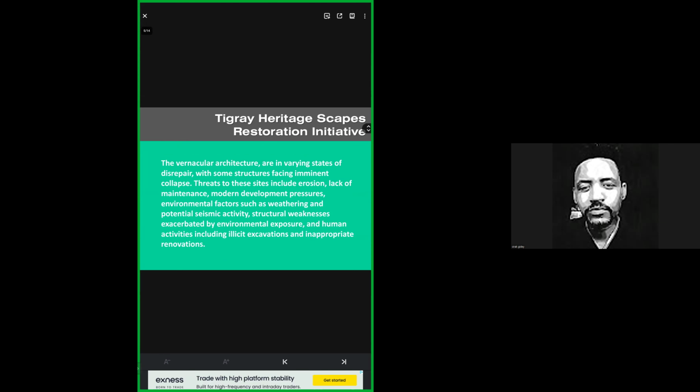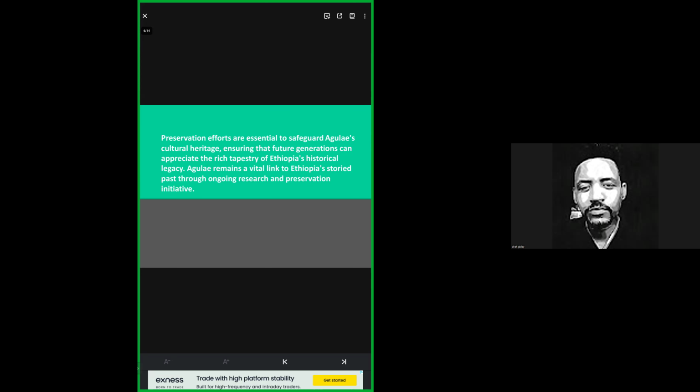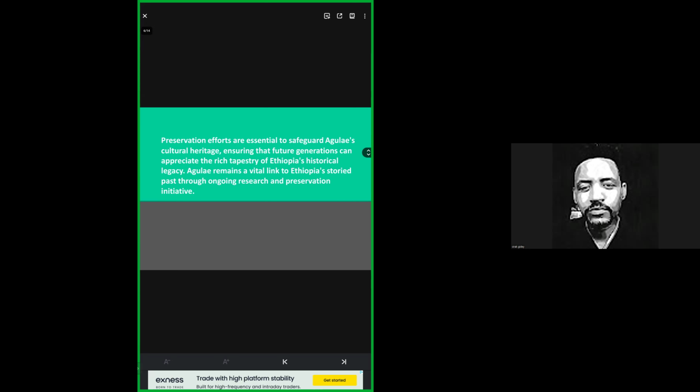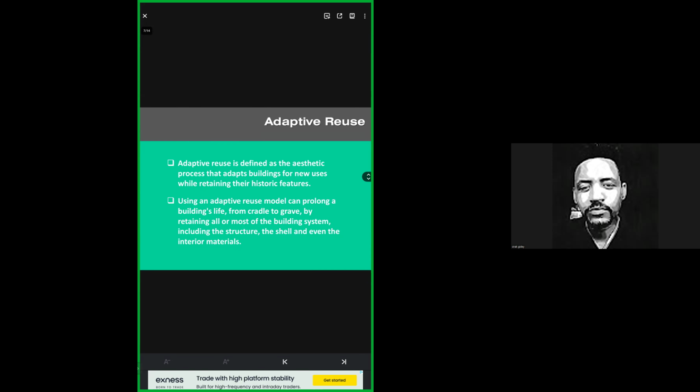For the Agulae site, preservation is essential to safeguard Agulae's cultural heritage, ensuring that future generations can appreciate the rich tapestry of Ethiopian heritage. Agulae remains a vital link to Ethiopia's storied past through ongoing research and preservation. This is from the initiative of the Tigray HeritageScapes restoration program.